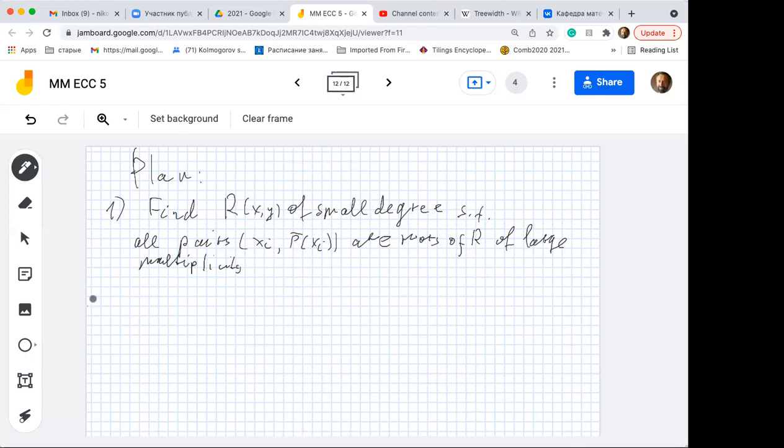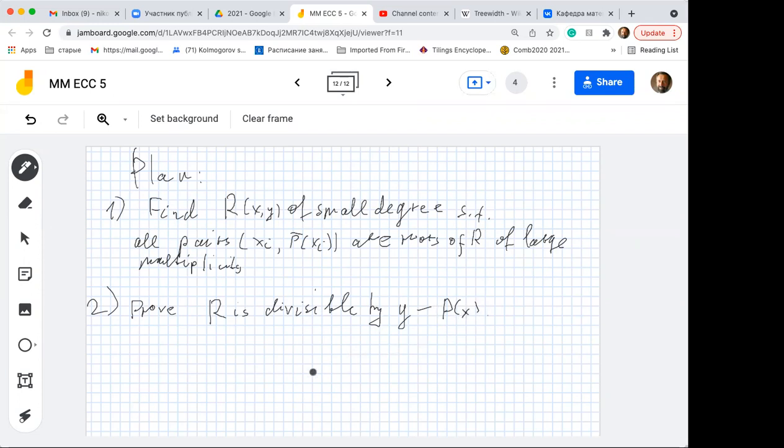And on step 2, we will first prove that R is divisible, I mean, there might be many such R's, we'll prove that any such R is divisible by the polynomial y minus p of x, where p is the message we want to recover.